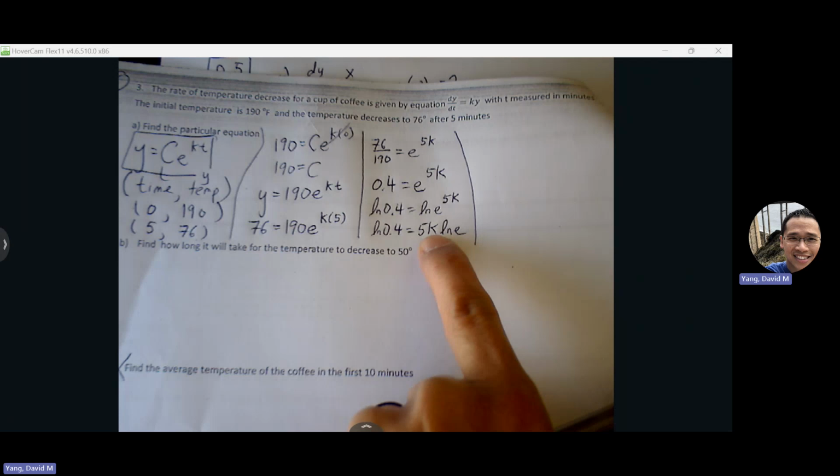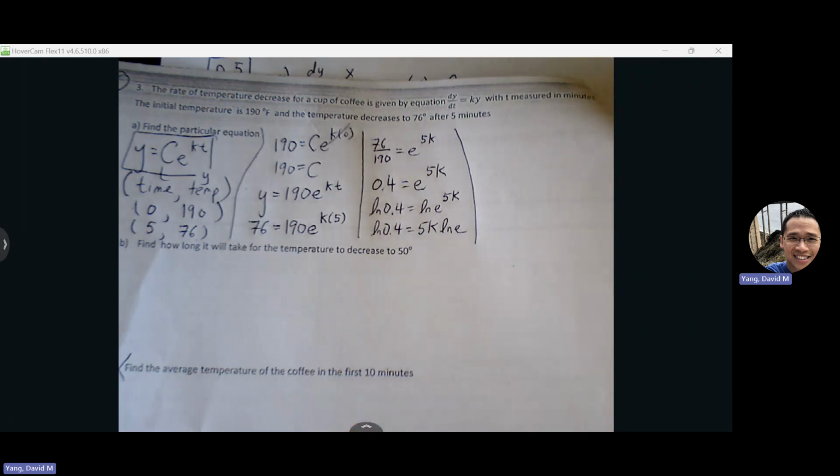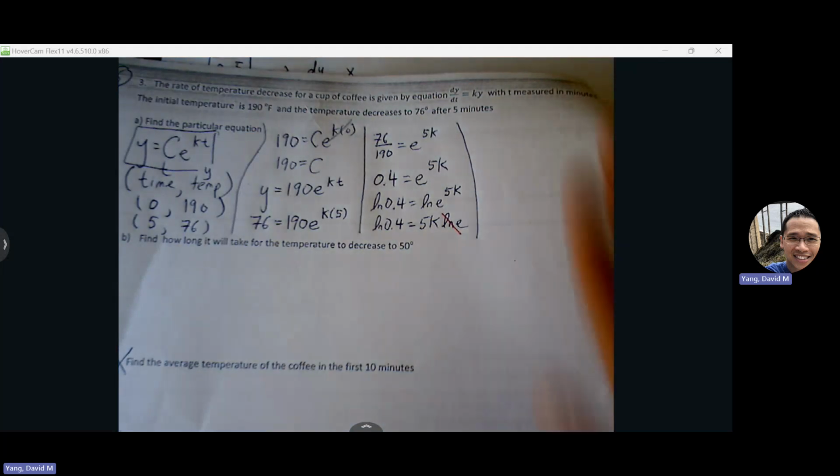We want to use that log property available. We know natural log of e is just equal to 1, so it's going to go away. We can just solve for k. Divide both sides by 5.